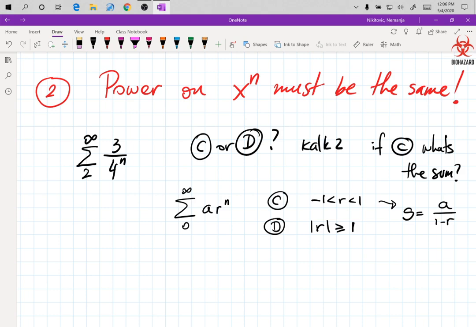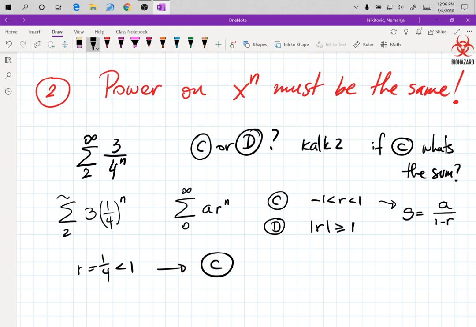So this problem, if this is a 0, is a joke. You look at r, in our case 1/4, that's smaller than 1, and it's convergent. There are no calculations here. You just look at r. Now this 3 is technically, if you use basic algebra, like that, right? When you rewrite it.